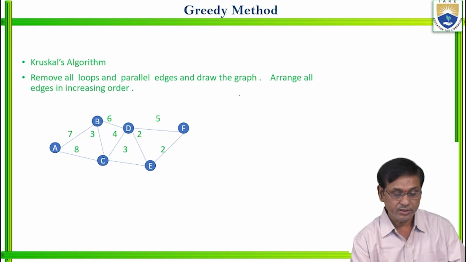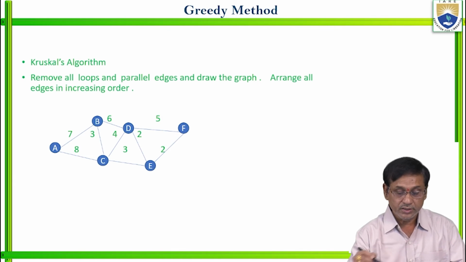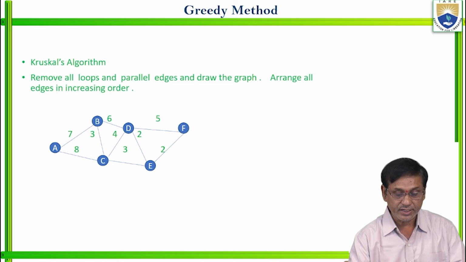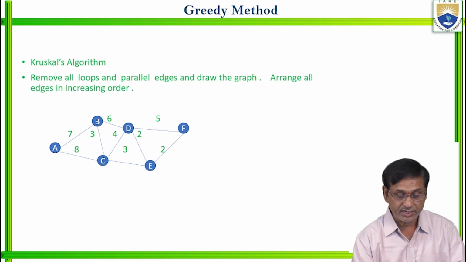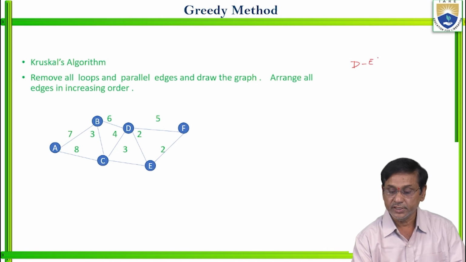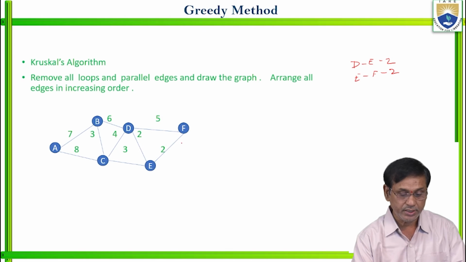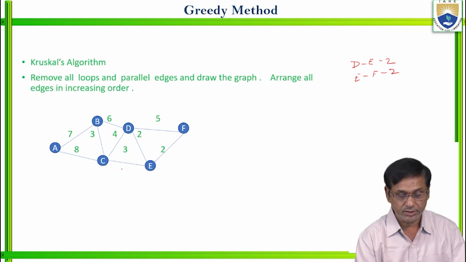Here, you can write in the increasing order. So, what is the smallest cost edge? DE. DE is 2. Then EF. EF is 2. Then next CE is 3.